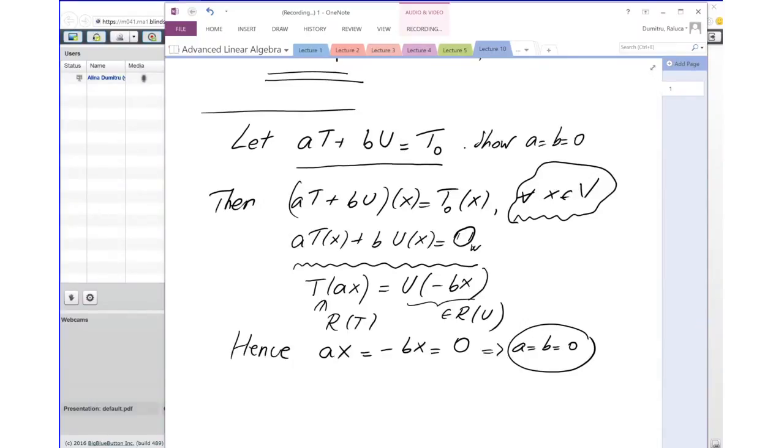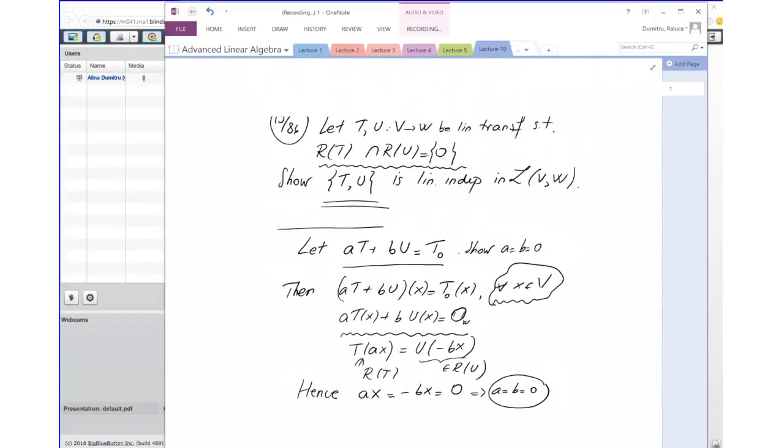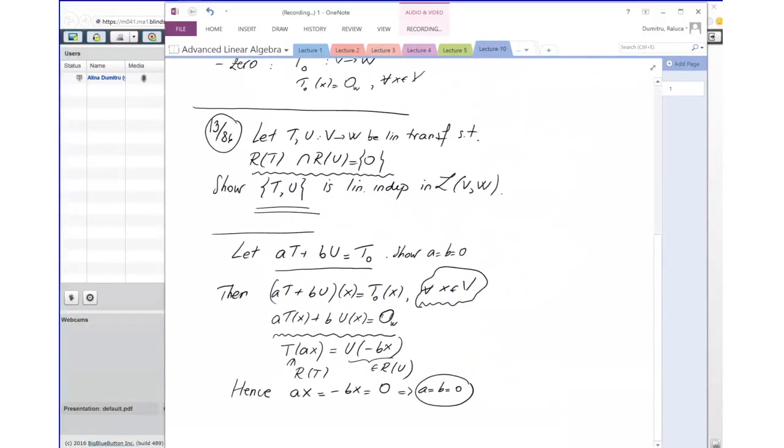In order to show that that set is linearly independent. Okay, so what I'm trying to say is that you might see examples with vectors being replaced by this kind of linear transformations, but nothing new, right? You just follow the same kind of recipes.